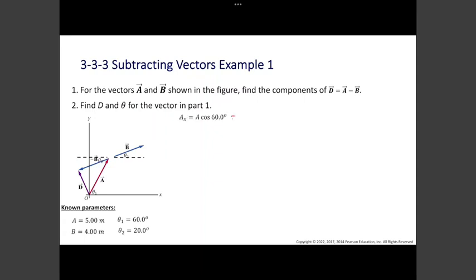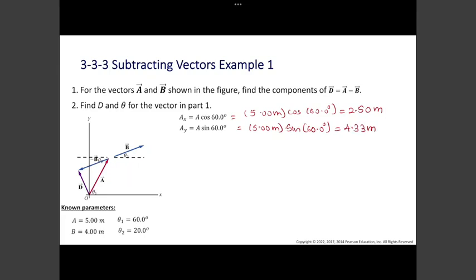If we substitute the values, we get 5 meters times cos 60 degrees, which is equal to 2.50 meters. And the y component of vector A is A sine 60, so 5 meters times sine 60 degrees, which is equal to 4.33 meters.